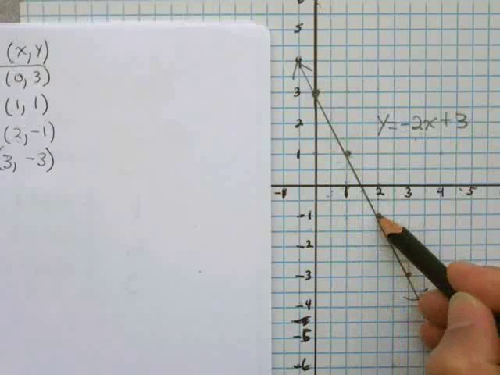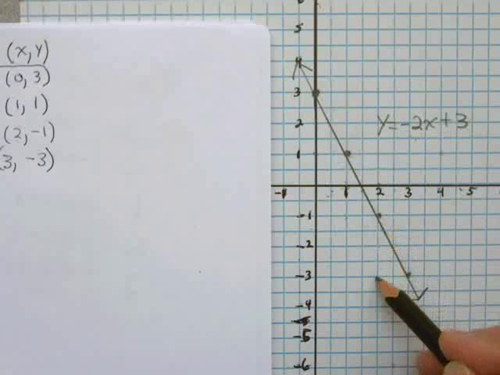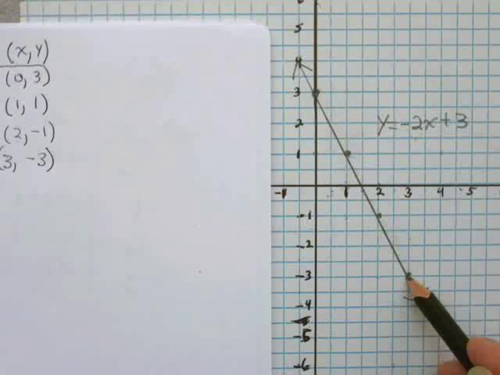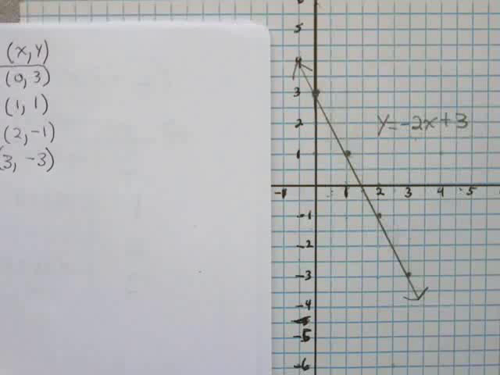We're going to go down 2, once, twice, and over 1. And both of these methods, using a table or using the slope, can be used to graph a line if you've been given the equation. And that's how you graph the line of the equation.